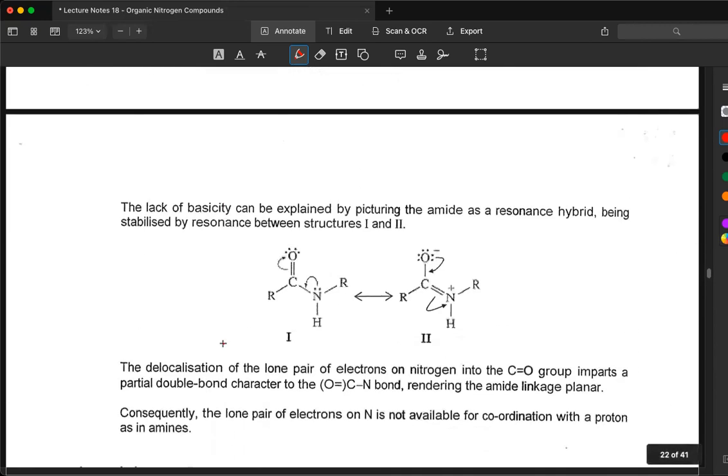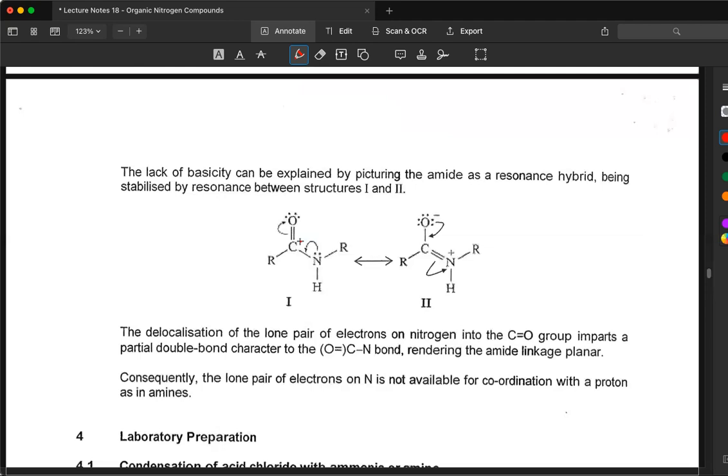Why is it neutral? The lack of basicity is explained by picturing the amide as a resonance hybrid, stabilized by resonance between structure 1 and 2. The delocalization of the lone pair of electrons of nitrogen into the C=O group imparts a partial double bond character to the C-N bond.